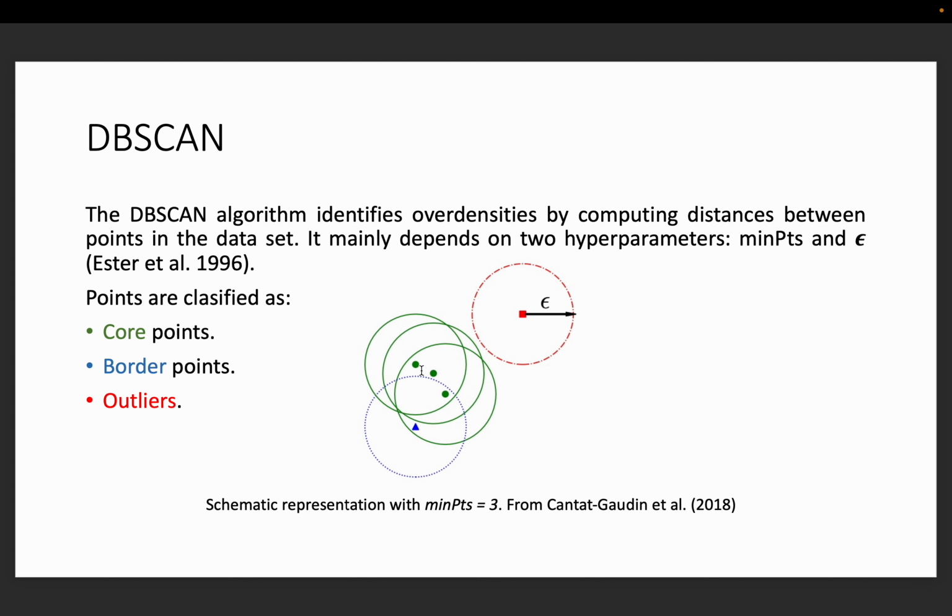If a point satisfies this condition, it is considered a core point. In the case of border points, like the blue one, it doesn't have at least 3 points, but it contains core points, so it is considered the border, like the last part of the cluster. And the last one, the outlier, is considered an outlier because it doesn't include many points.